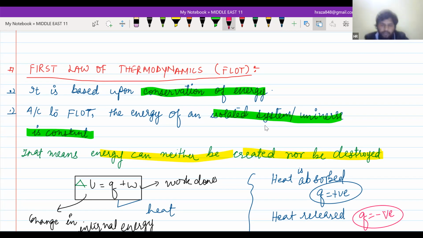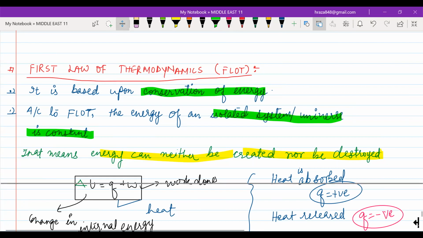I will just derive this formula for you: how it comes, delta U is equal to Q plus W. From where the formula delta U is equal to Q plus W comes.